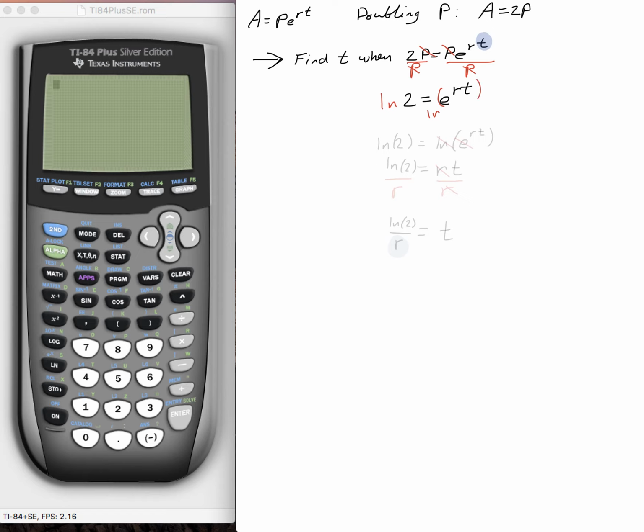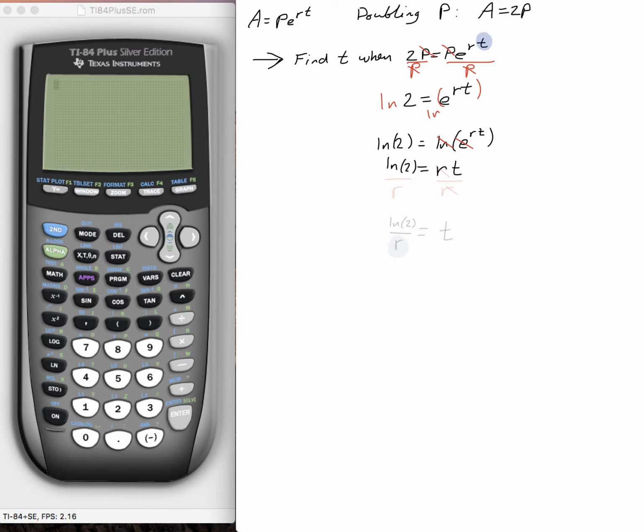So lnning 2 will give you a number, the natural log of 2, whatever that is. And lnning e to a power, this is one of our properties of logarithms, will effectively annihilate, right? The natural log function and e to the power function are inverses. So on the right-hand side, we'll just end up with r times t. So the ln of 2 is equal to r times t.